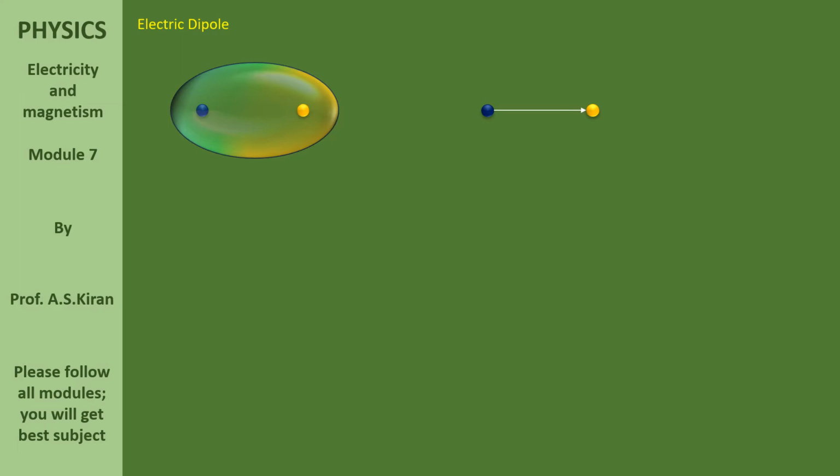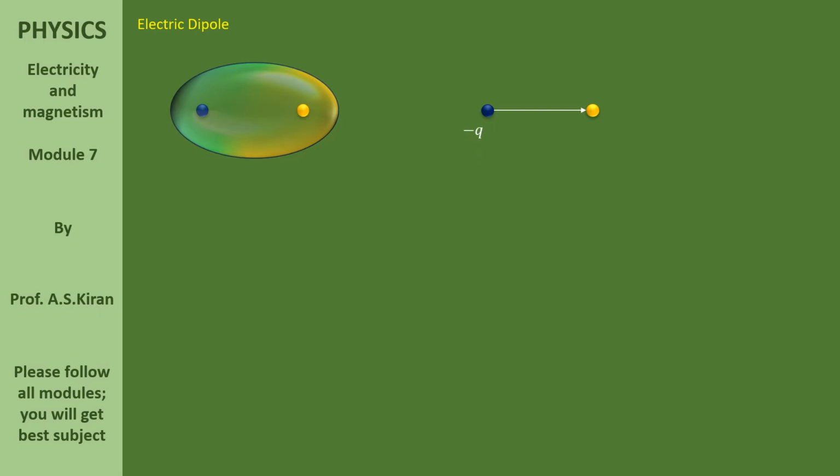There is a small distance between the positive charge and the negative charge, and that distance is treated as a vector. The vector direction is from negative charge to positive charge. Please remember. It is denoted by d bar.